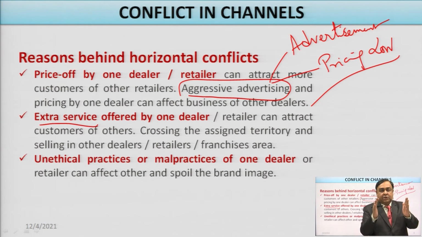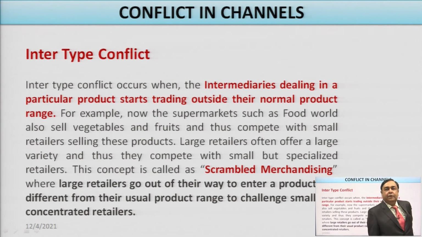Once the image is spoiled, it is not that the image will be spoiled in a particular area, the image will be spoiled across the country. And once the image is spoiled across the country, it will be very difficult for the retailers to sell their product in their domain. Next is inter-type conflict.